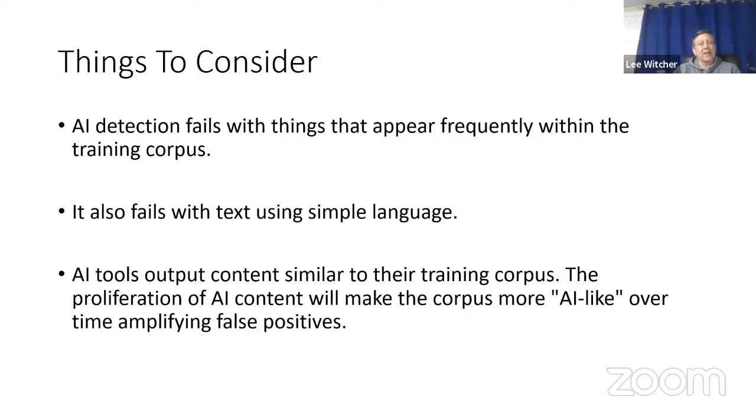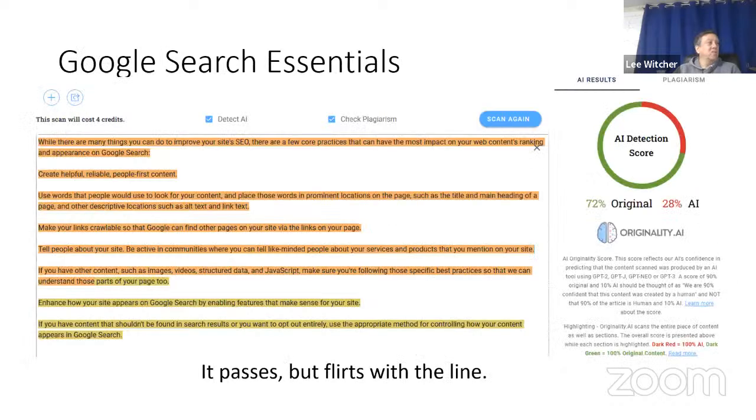Everything looks like AI because it will continue to just build upon itself. If things are repeated enough times in enough different ways, then over time, original text becomes flagged as AI. Here's a great example of it. This is Google Search Essentials.